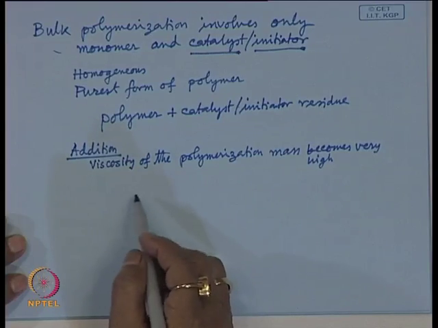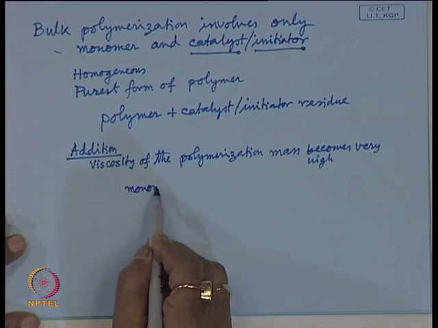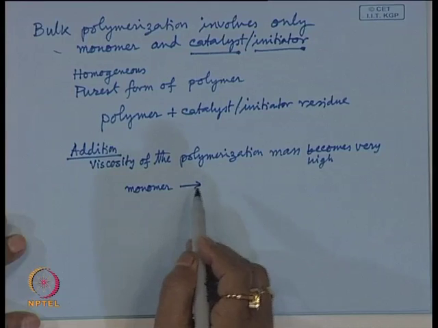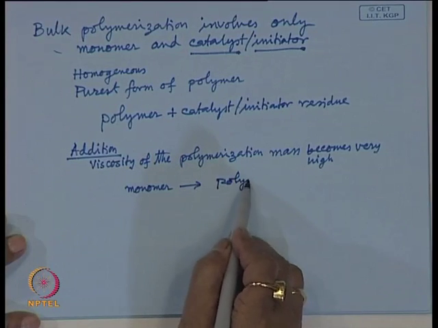Say 10% monomer is converted to polymer, 90% remains as monomer. So, gradually the composition changes from monomer to polymer.